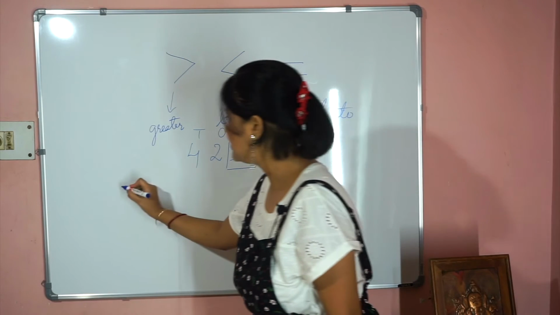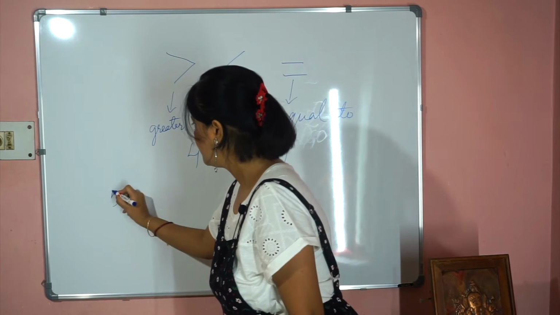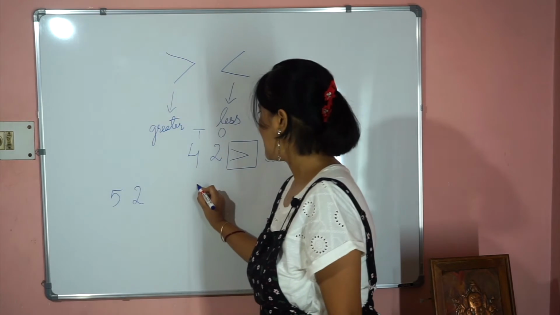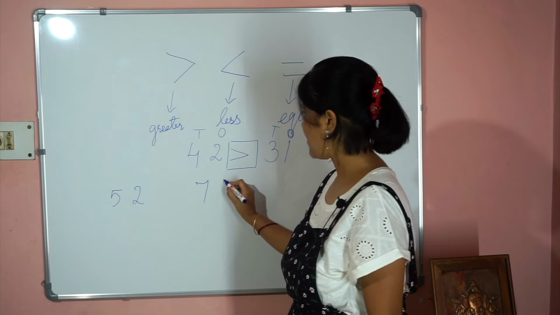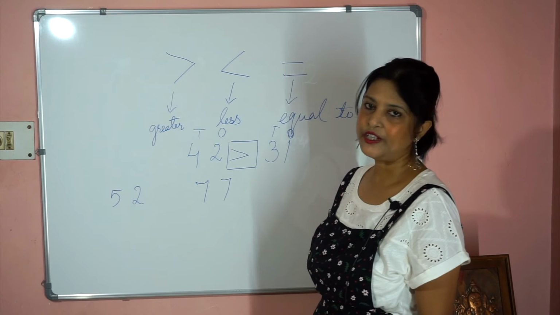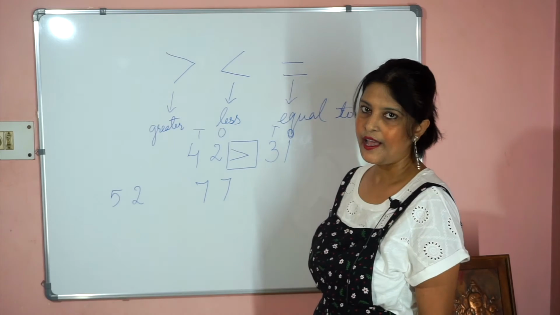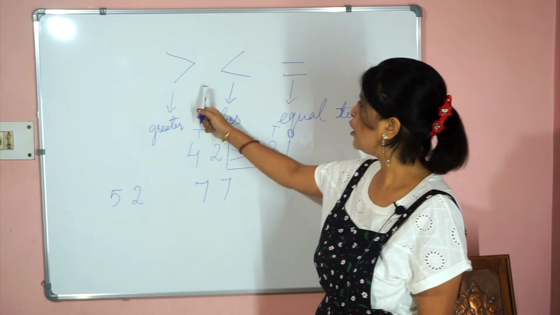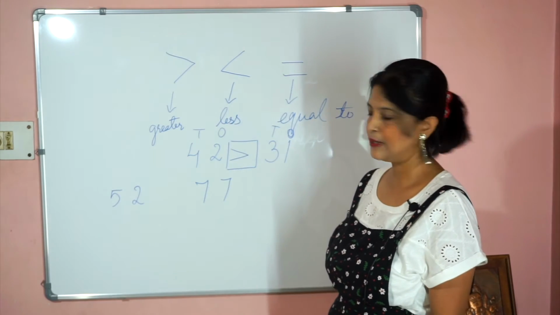Similarly, if I write here 52 and over here if I write 77, which is the greater number and which symbol do I use among these?